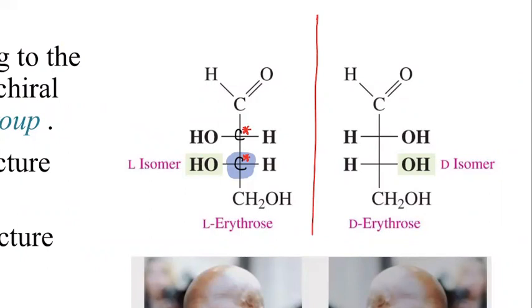So if the OH is towards the right, derecha, that's why it is the D isomer, okay? So if you're given a monosaccharide, by finding the chiral center that is the farthest away from the carbonyl and knowing if the OH is towards the left or towards the right, you can determine if it's D or L notation.